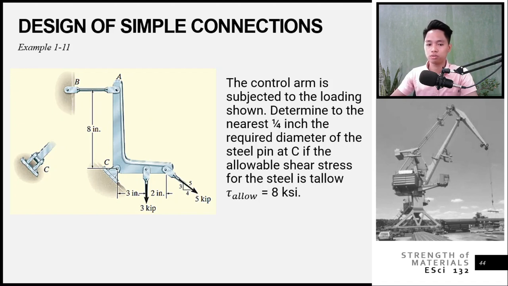Now, we are going to determine to the nearest 1/4 inch the required diameter of the steel pin at C if the allowable shear stress for the steel is 8 KSI, right? So, that is our allowable stress.